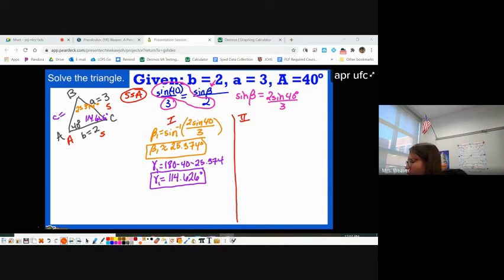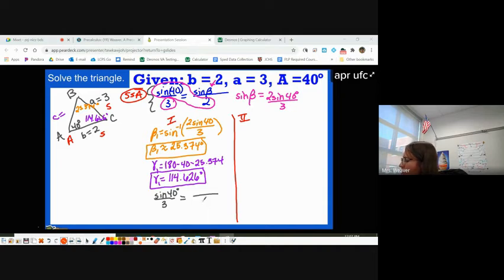So I'm just going to do a quick law of sines setup. Let me slow down for a second. Are you guys with me? Do we have questions so far? Okay, so I'm going to use the original setup. Sine 40 is to 3. It's right here in the triangle. What was given? Sine 40 is to 3.